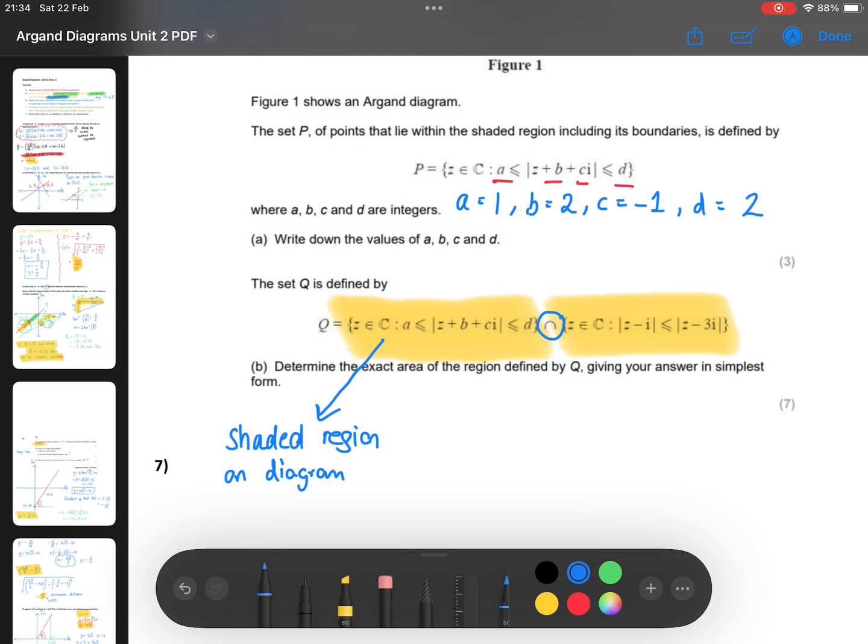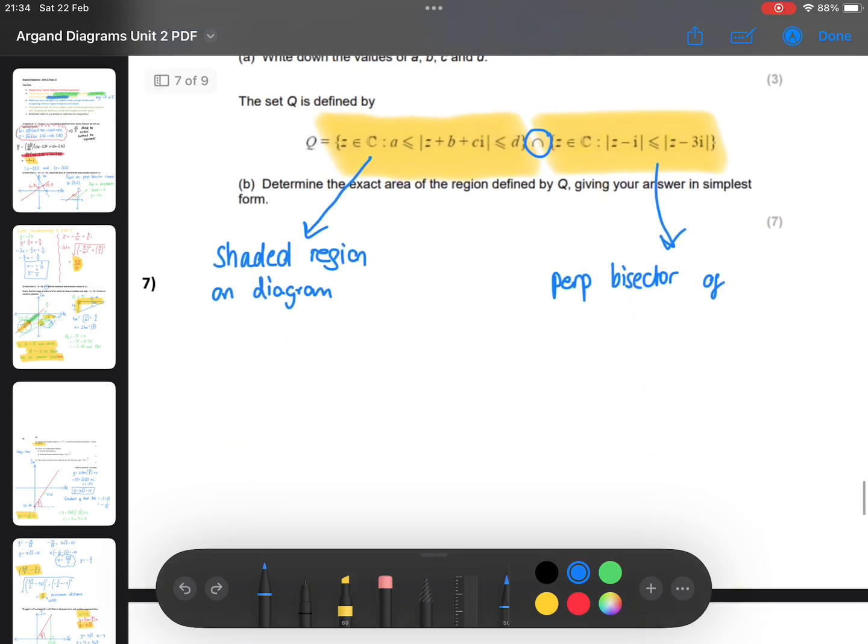And this bit here is going to be the perpendicular bisector of 0, 1 and 0, 3.